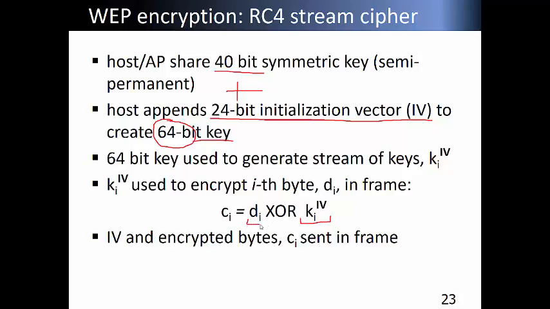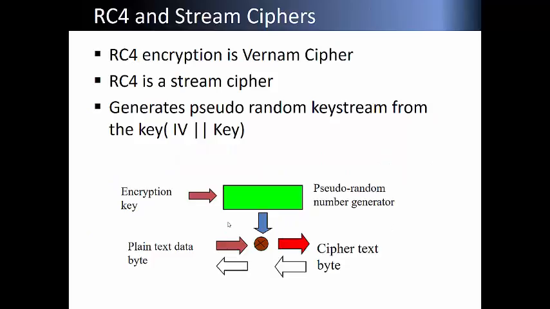If you have the key with the initialization vector and the message that you have, and apply the exclusive OR operation, then this is the ciphertext, and this ciphertext is now shipped. More clearly, it is written in this way.